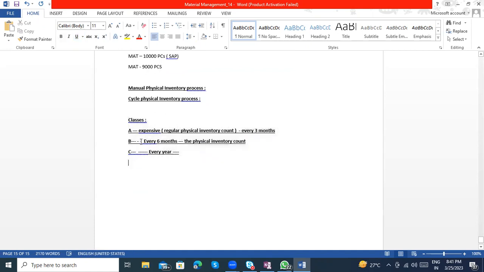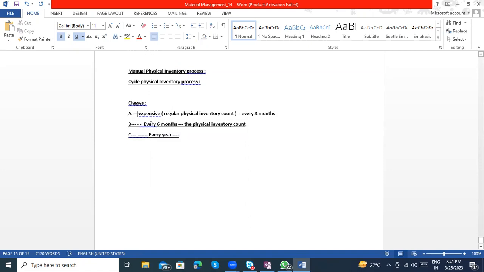This class indicator you enter in the material when you are creating the material. If the client says these are too expensive, very important materials, and too much in demand, and I need them to be counted, then I can go with the expensive line.